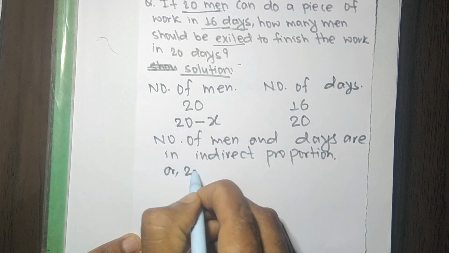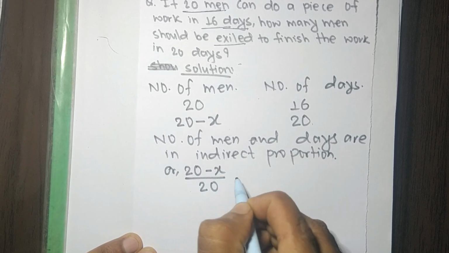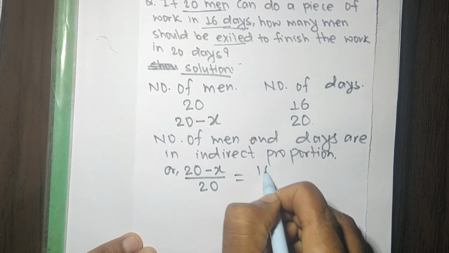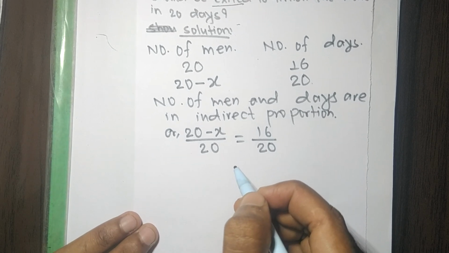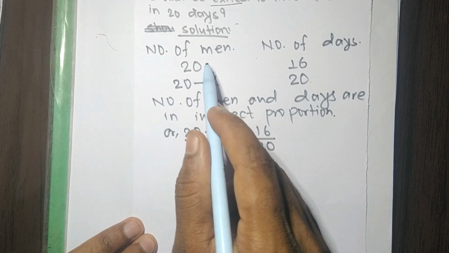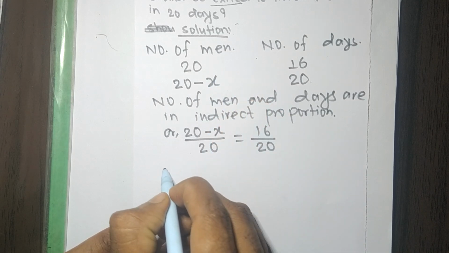So it can be (20 minus x) by 20 is equal to 16 by 20. Now we have changed the numerator into denominator and denominator into numerator.